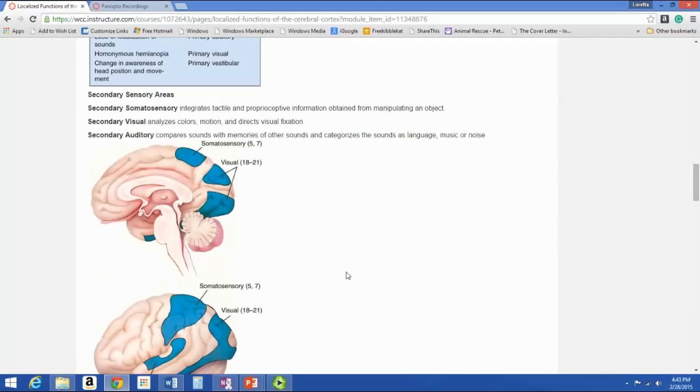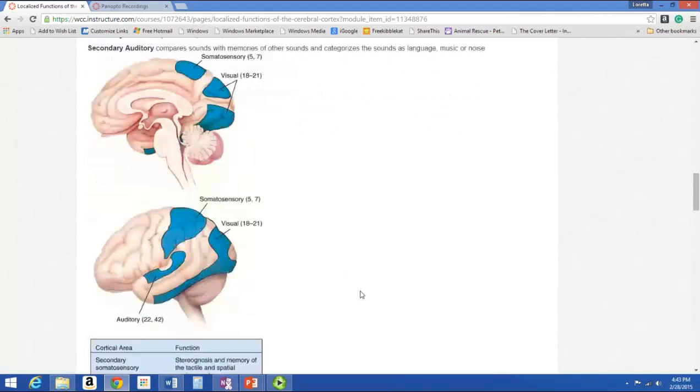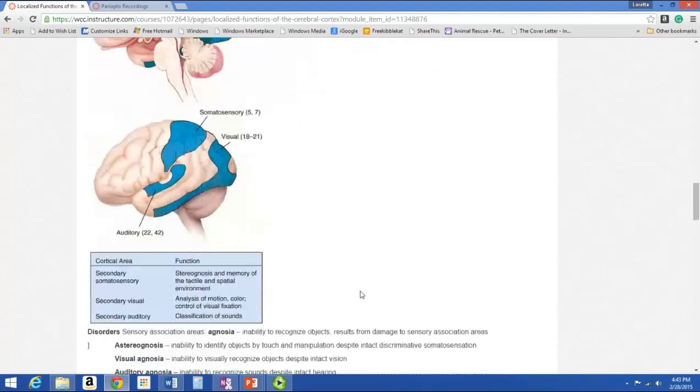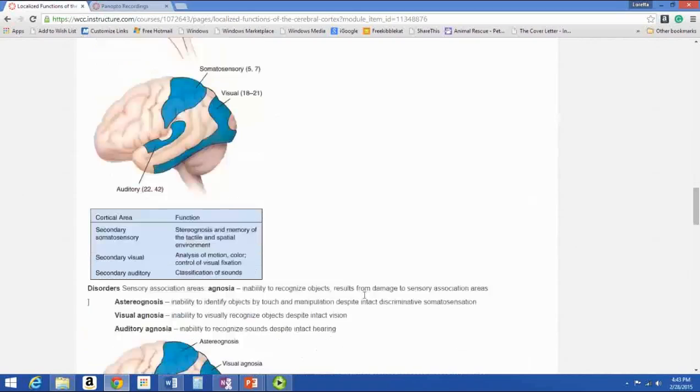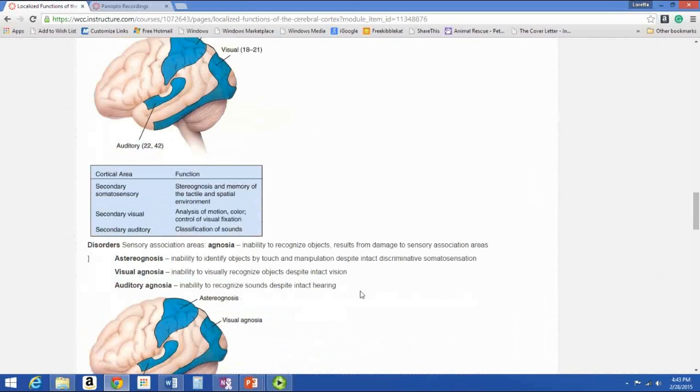It passes it to the secondary auditory cortex, and the auditory cortex says, okay, it's not language, it's not music, that's a noise, I know what that is. And it passes it on to the association area, which is then going to figure out what kind of noise it is.